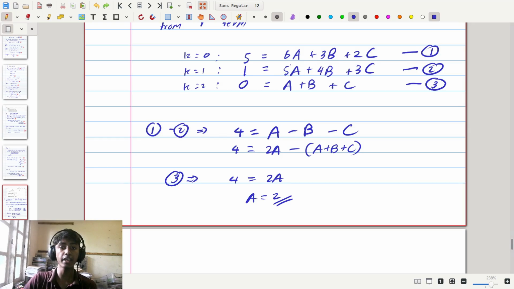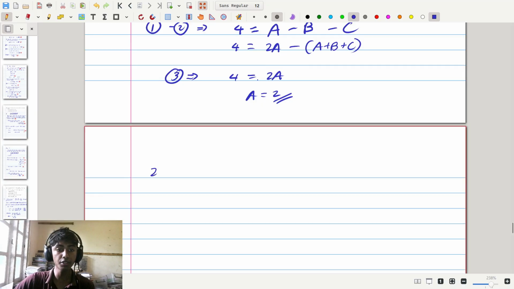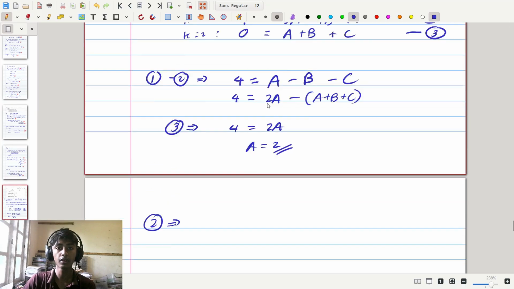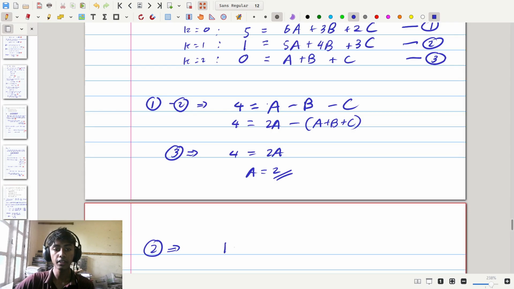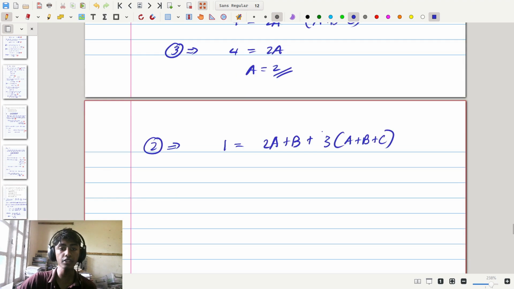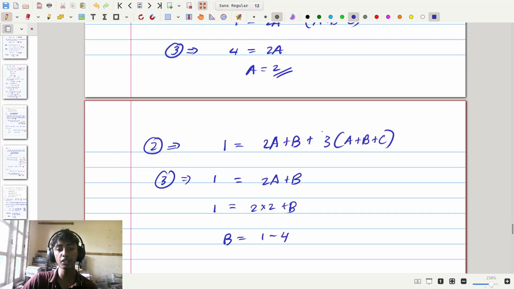If I extract them, from equation number 2, I can get on the left hand side 1 equals 2a plus b plus 3 times a plus b plus c. And if we substitute in equation number 3 here, this is going to give us 1 equals 2a plus b. Now substituting the value of a, we get 1 equals 2 times 2 plus b, and therefore b equals 1 minus 4, which is negative 3. So we get b equals negative 3.